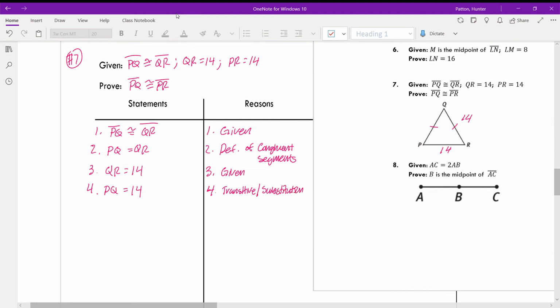Now, remember, I'm trying to show that PQ and PR are the same. We know that my third given says that PR is equal to 14. And this is just given. So since PQ and PR are both equal to 14, PQ is equal to PR by transitive or substitution.